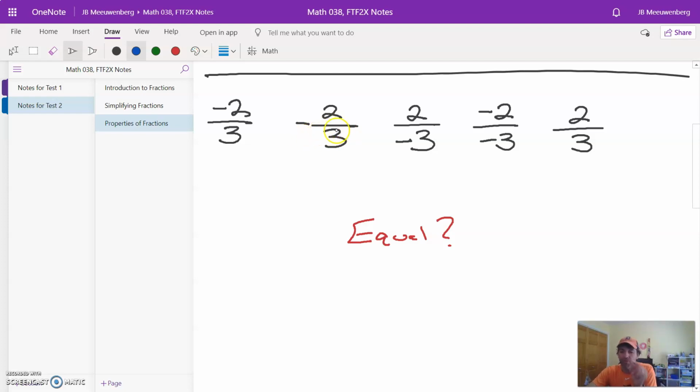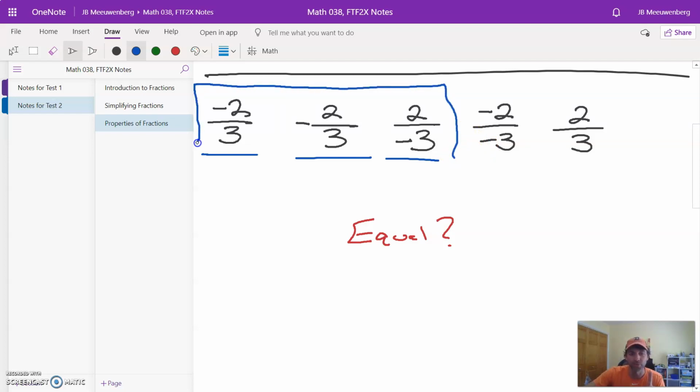Don't think about a fraction as two separate numbers. As I said in the last video, what matters is the relationship between the two numbers. 2 and 3, how do they compare to each other? It really has a single value, and in this case, that value is negative. So this one, and this one all have one negative, right? These are all equal to each other. These are all representing the same value.